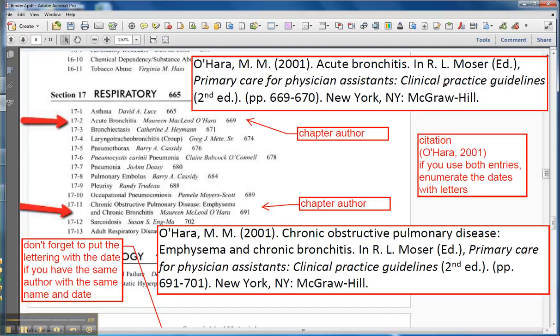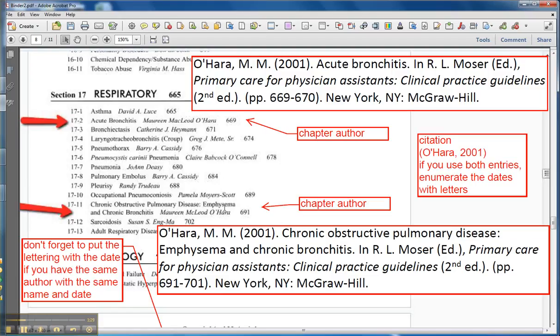So the italics goes through the end of the title here, not in the edition. And the first word after the subtitle here is capitalized, and the first word is capitalized. Then there's a period after the edition, and the page numbers are put in with a period here, and then the location and the publisher.